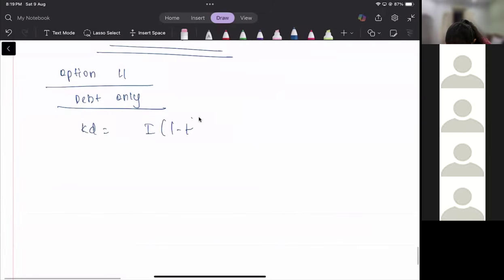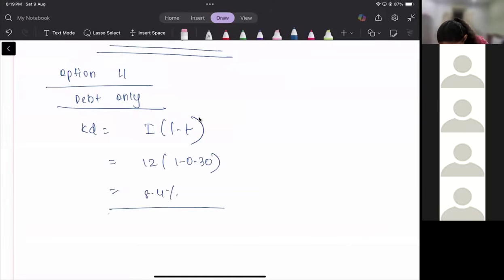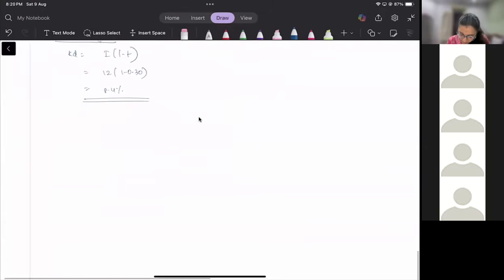I into 1 minus T. So KD you get as 8.4. So under option 2, KD will be same as WACC, right? Because there is only debt option.